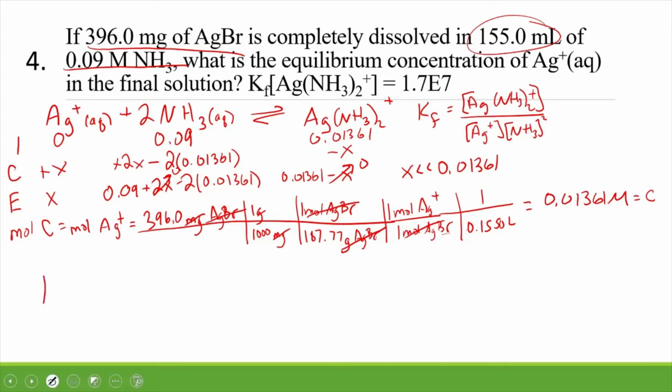So then our KF, substituting in everything, we have 0.01361 divided by our concentration of silver, which is X, times ammonia, which is 0.09 minus 2 times 0.01361, and that is squared.